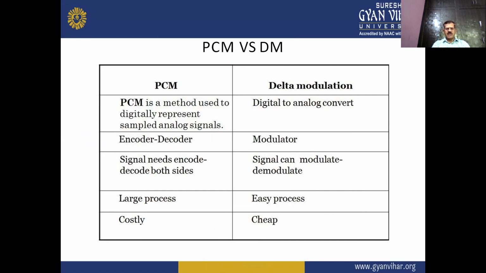In PCM, the signal is encoded and decoded on both sides, whereas in delta modulation, the signal is modulated and demodulated. PCM requires large processing, whereas DM requires simple processing. PCM is a costly system, but DM is a cheap system. So there are some comparisons between PCM and DM.